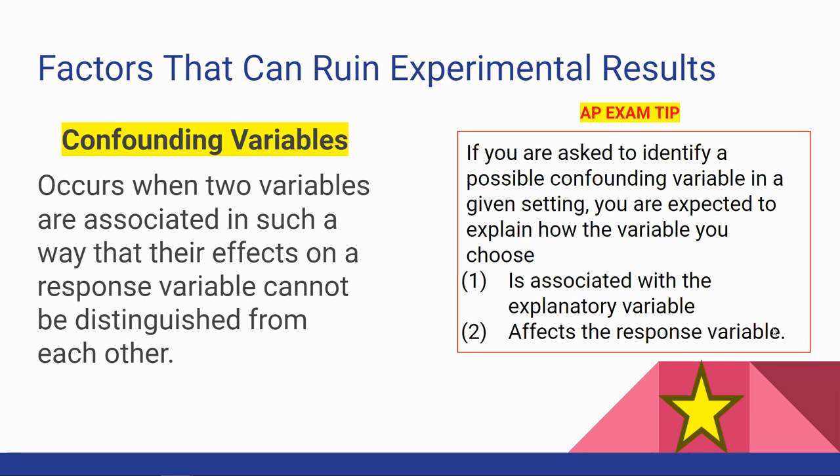Observational studies of the effect of an explanatory variable on a response variable often fail because of the confounding between the explanatory variable and one or more of the other variables. If you are asked to identify a possible confounding variable in a given setting, you are expected to explain how the variable you choose is associated with the explanatory variable and affects the response variable.